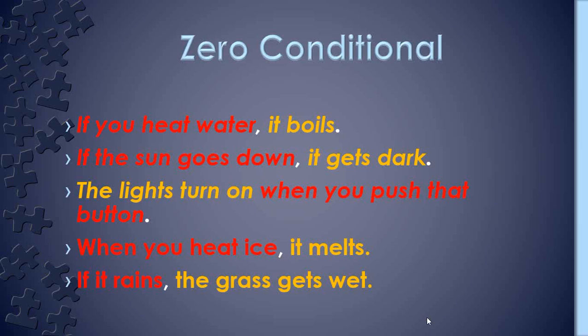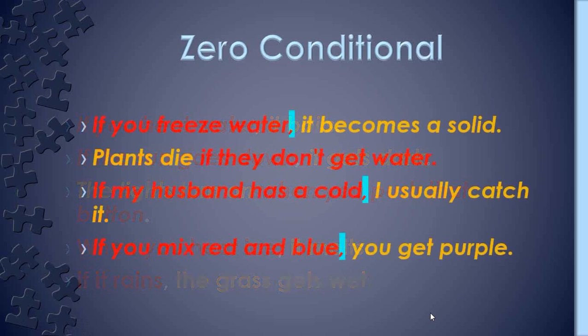If it rains, the grass gets wet. As we saw, we can identify the if clause as the red one and the main clause as the yellow one in each of these sentences. Just for you to know, guys.